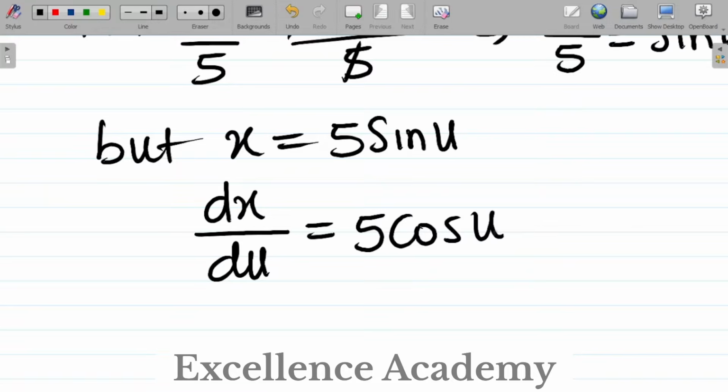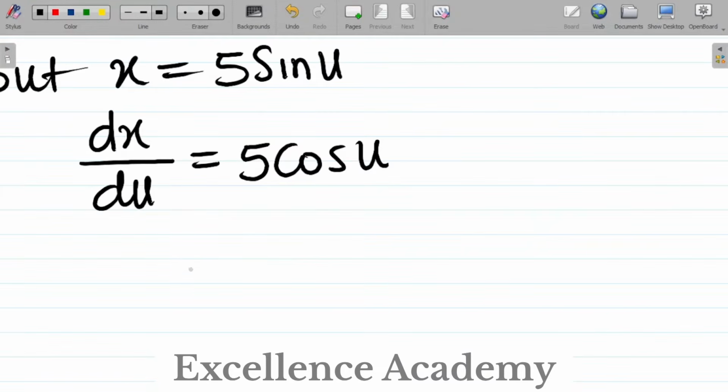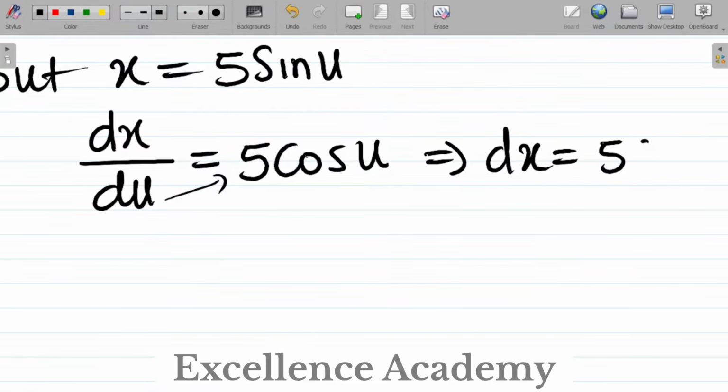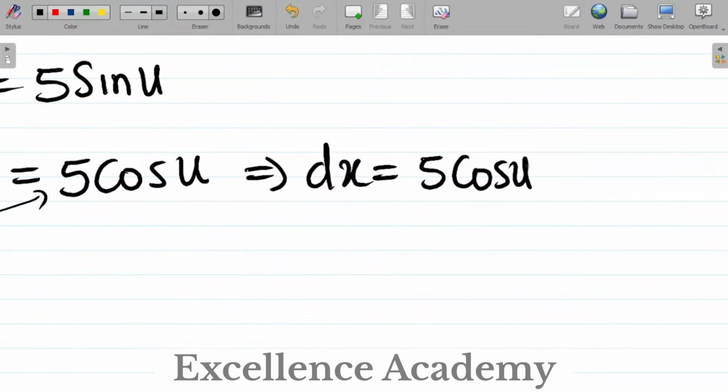That becomes 5 cos u. So dx du is 5 cos u. To get dx, all I have to do is move the du over here. That means dx will be equal to 5 cos u du. This is the value of dx, 5 cos u du.